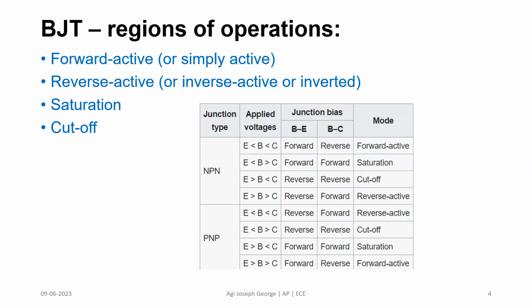So the base voltage, which is the P or positive region, should be given a much higher voltage than the collector. That is why E is greater than B, which is greater than C. Why E greater than B? Because the emitter base junction is reverse biased. Reverse bias means the emitter, a negative region, should be at a much higher potential with respect to the base. Similarly, the explanation is valid for the PNP region.